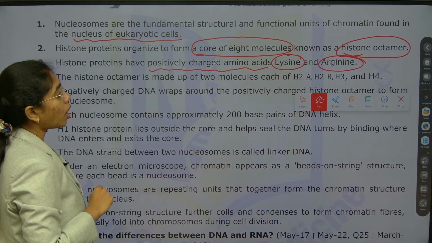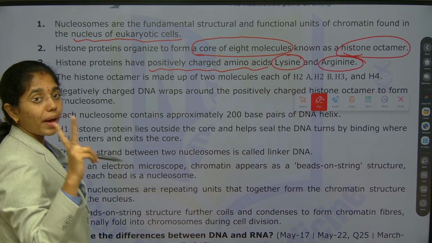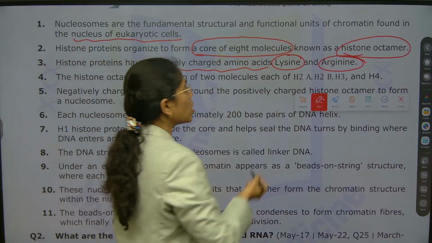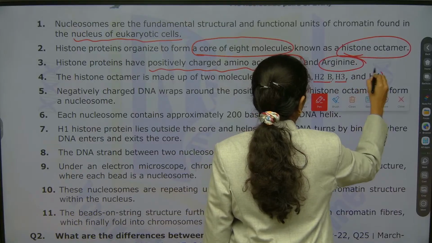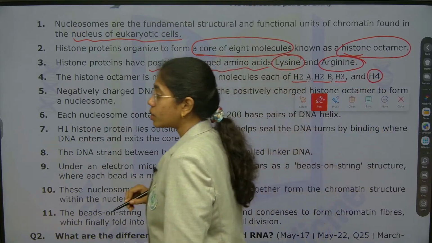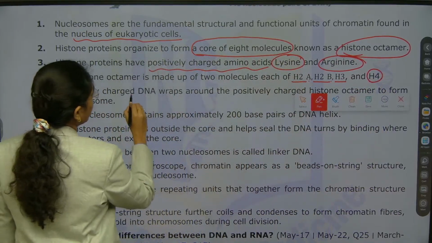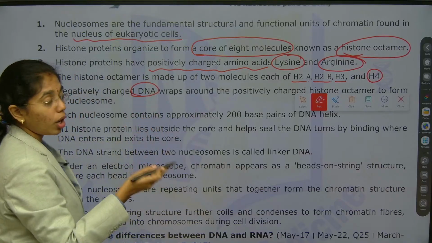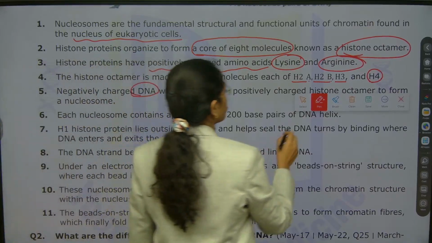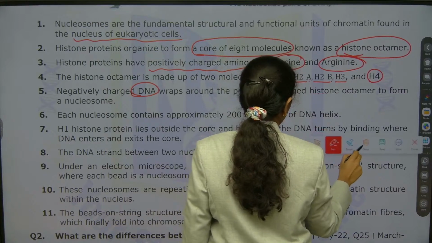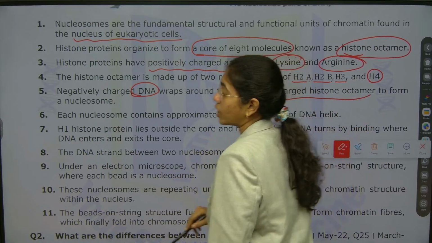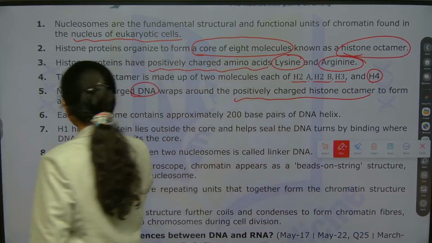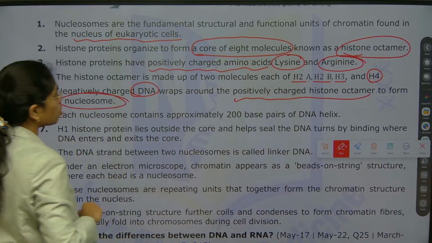The histone octamer is made up of 2 pairs of 4 histone proteins, which are H2A, H2B, H3 and H4. And then negatively charged DNA is wrapped around the positively charged histone octamer, which gives out the nucleosome model.